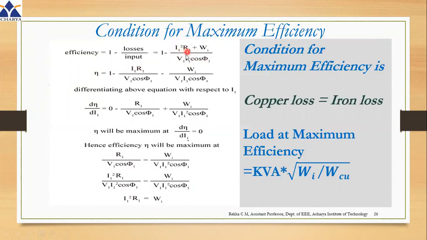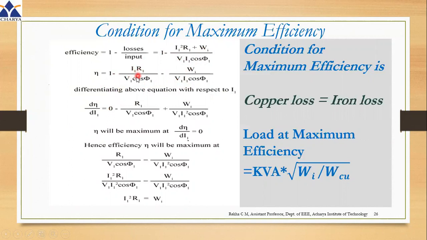So which can also be written as 1 minus I1 square R1 divided by V1 I1 cos phi 1. So I1 gets cancelled over here. So we get I1 R1 divided by V1 cos phi 1 minus iron loss divided by V1 I1 cos phi 1. Now differentiating the above expression with respect to I1, the differential of 1 is 0.